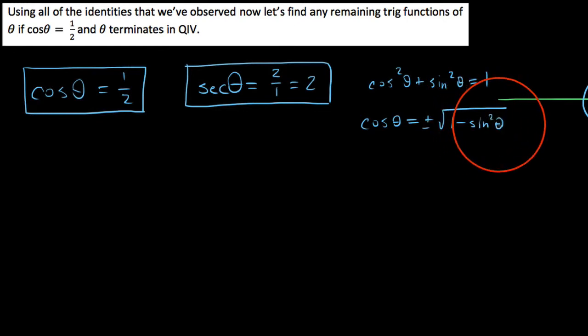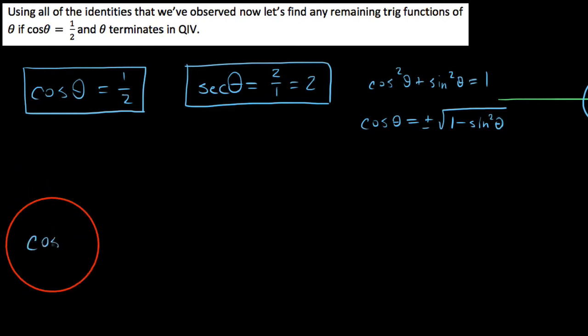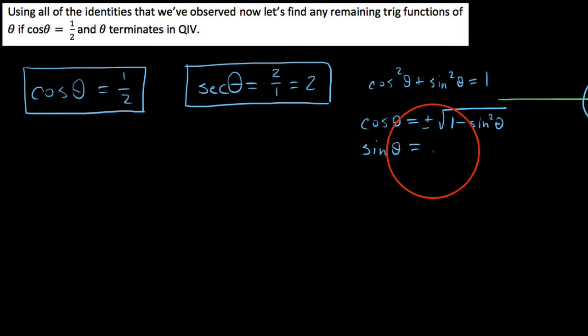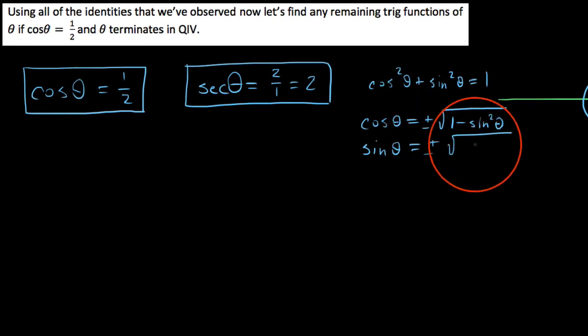That's the identity we're going to borrow from this time. Sorry, we know cosine and want to find sine, so we should be using the other one: to find sine, it would be plus or minus the square root of 1 minus the cosine squared. I had it backwards, apologize.